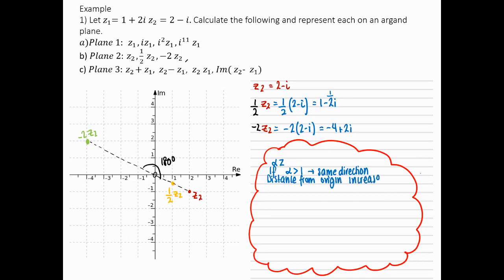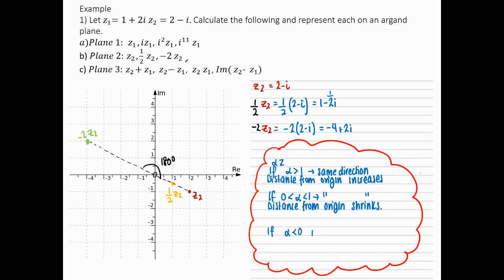If your scalar is between 0 and 1, your distance from the origin will be smaller, but your new complex number will be in the same direction or same quadrant as your original number. That's like where we have a half of z2.